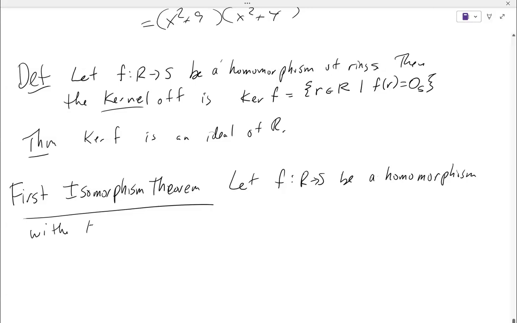Just let it be a homomorphism. Then, when I take R and mod by the kernel, this is isomorphic to the image of F. Remember what the image is? It's the set of all outputs. So it's basically the range.